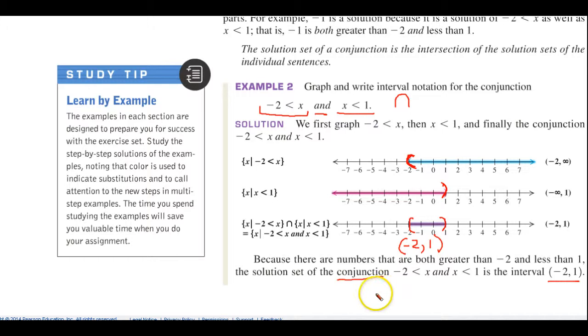And for set builder notation, bracket, x, is such that, now remember your x is in the middle here, and it's going to start at a negative 2, and it's going to be less than that this way, and then another less than sign, a 1. So again, we're using stuff from section 1 and building on our new vocabulary and symbols and coming up with a solution.